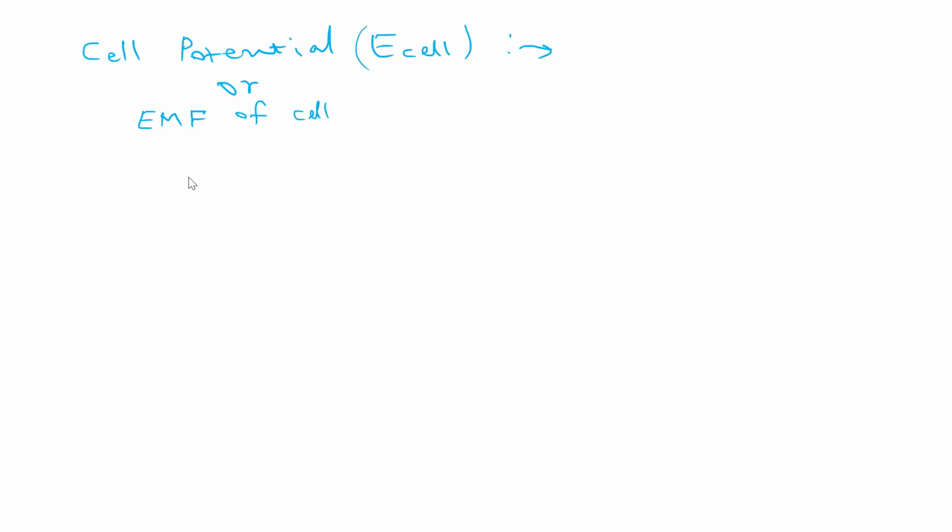If we want to mention which electrode is subtracted from which, like cathode from anode or anode from cathode, which will be correct? Cathode minus anode. Great. So the definition of cell potential is the electrode potential difference between cathode and anode. Got it?